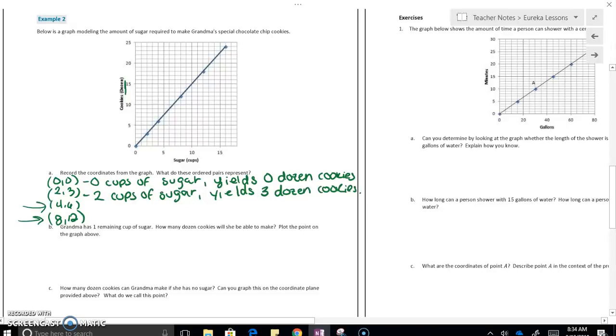Now, grandma has 1 remaining cup of sugar. How many dozen cookies will she be able to make? Plot the point on the graph. So if grandma has 1 remaining cup of sugar, we have to figure out how many dozen cookies she can make. So this is 1 sugar.